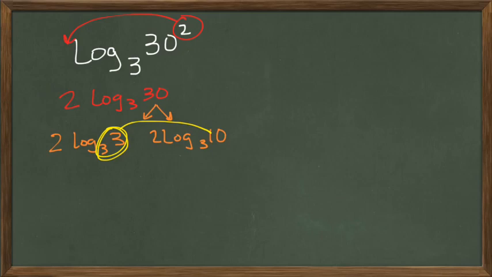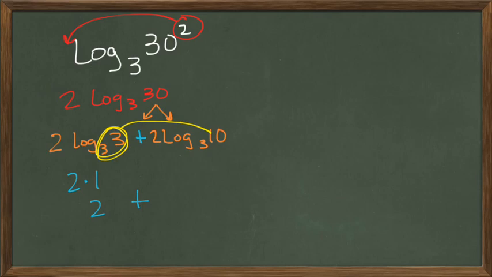So log base 3 of 3 becomes 1, and then I simply have 2 times 1, which is 2. Then, whatever I get there, I have to add to the other side. And for log base 3 of 10, I would have to have a calculator, or be given certain logarithms to know what it would be.